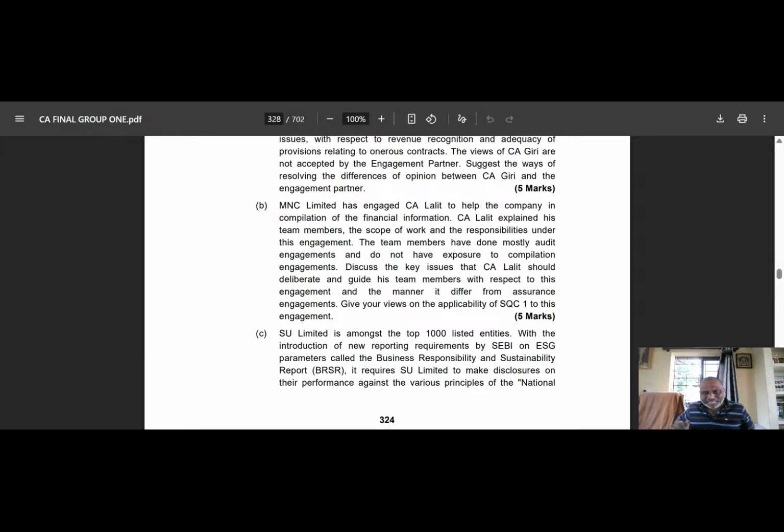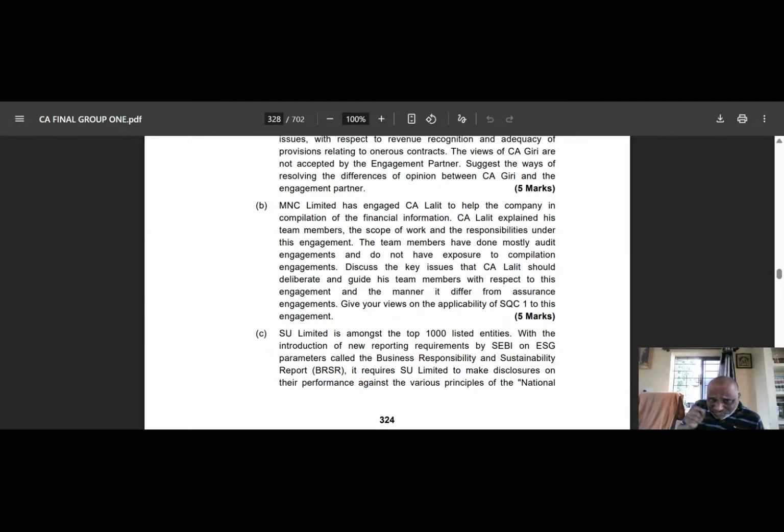A compilation engagement is not an assurance engagement. A compilation engagement does not require the practitioner to verify the accuracy or completeness of the information provided by management for the compilation, or otherwise to gather evidence to express an audit opinion or review conclusion on the preparation of the financial information.